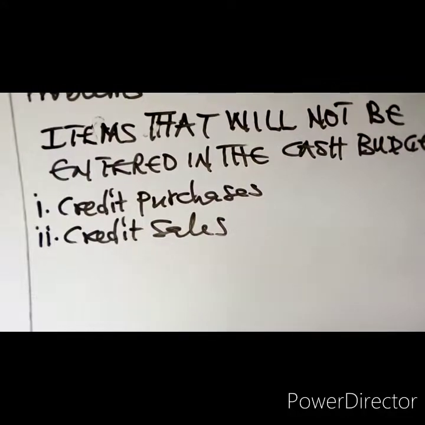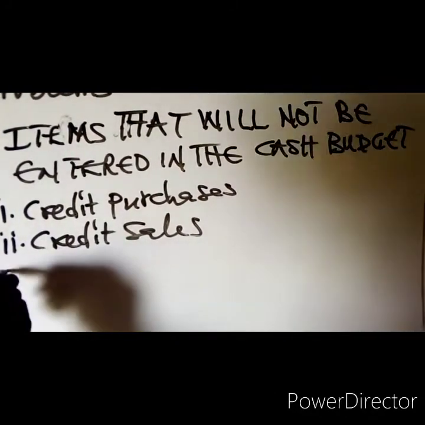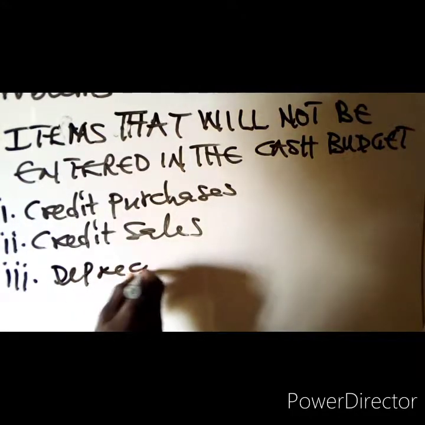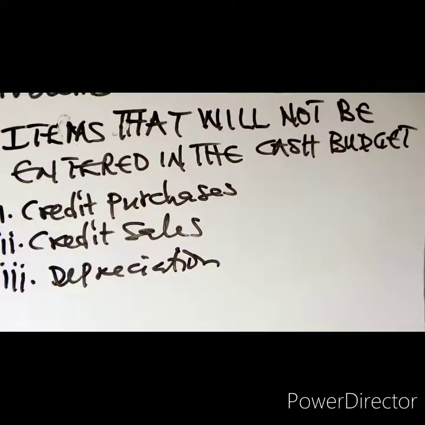Credit sales should not be recorded until cash is received. Number three, non-cash items such as depreciation should not be recorded in the cash budget. Where expenditure includes depreciation, such depreciation should be removed or deducted from the expenditure.